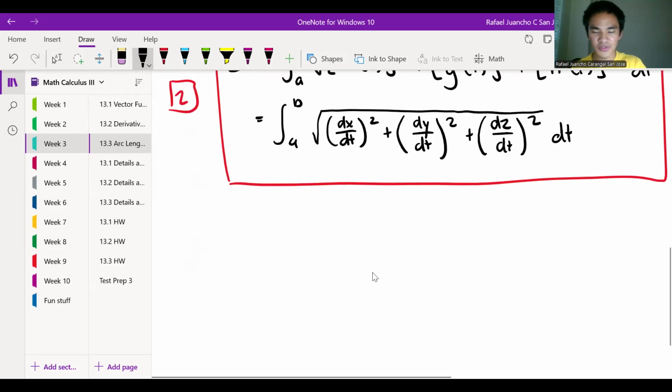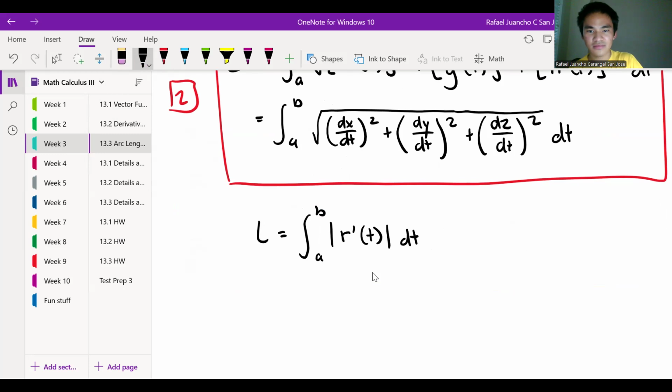Now, we notice that both of the arc length formulas can be put into a more compact form. Well, how do we know that? We can just say L is basically an integral bounded, it's just the length of this thing, dt, right?